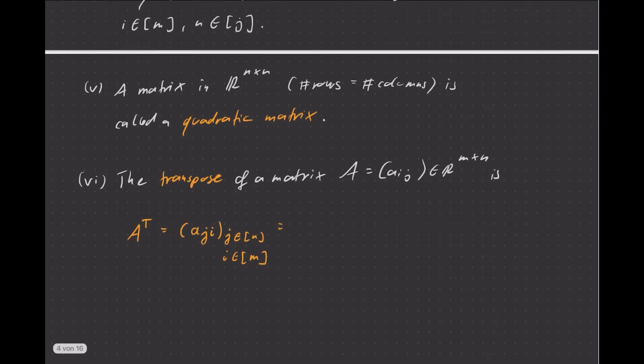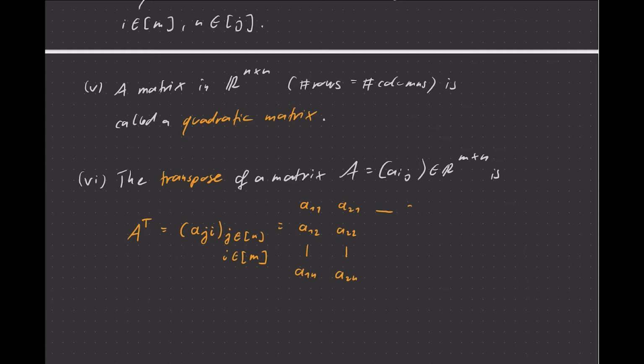What that means is, once again, we take the original first row of A and write it as the first column of A transpose. So the first column of A transpose is then A11, and then A12, A13, and so on up to A1n. So that used to be the first row of A. That's now the first column of A transposed. Second column of A transposed is the second row of A. So we get A21, A22, and so on up to A2n, and so on.